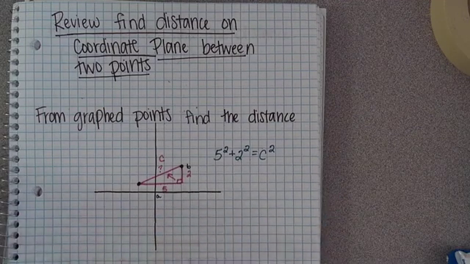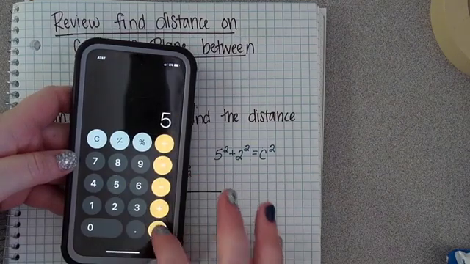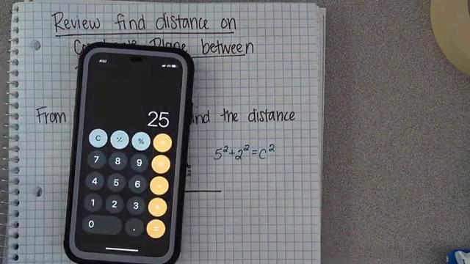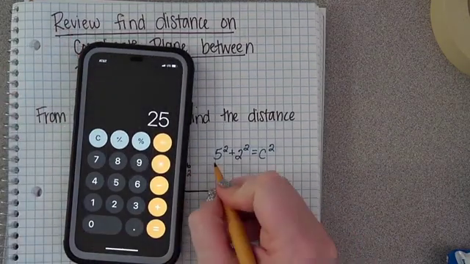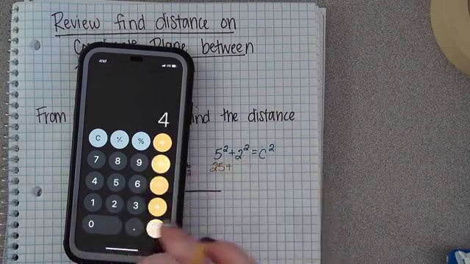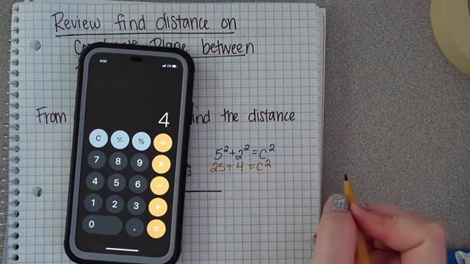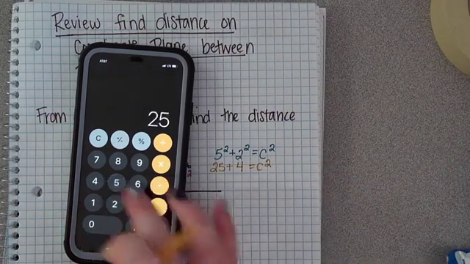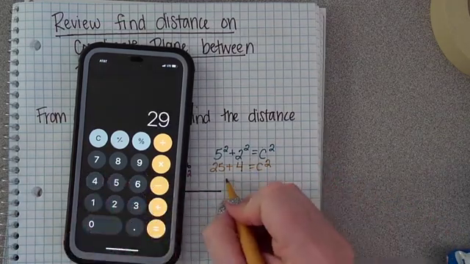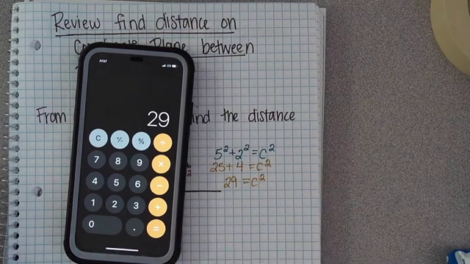So what is 5 squared? Again, you can use your calculator. It would be 5 times 5, or 5 squared if you want to hit the 5 squared. So that would be 25 plus 2 squared. Hopefully you know that one is 4, equals C squared. 25 plus 4 is 29 equals C squared.